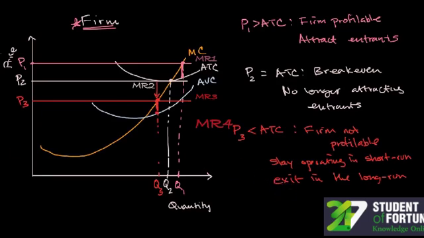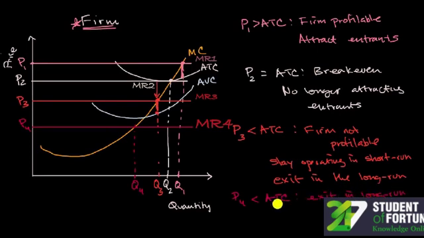And of course, you have another even worse scenario for this firm, which might be down here, where you have price sub 4. Here, in theory, this is where we intersect the marginal cost curve, Q sub 4. Now here, it makes no sense for the company to operate at all. So because P sub 4 is less than the average total cost, you would want to exit in the long run, exit the market.